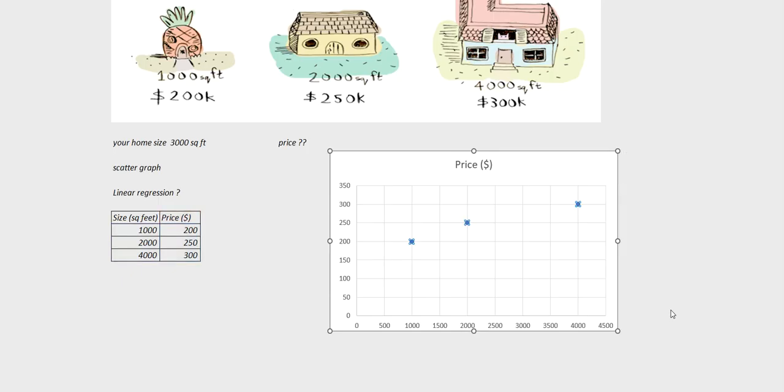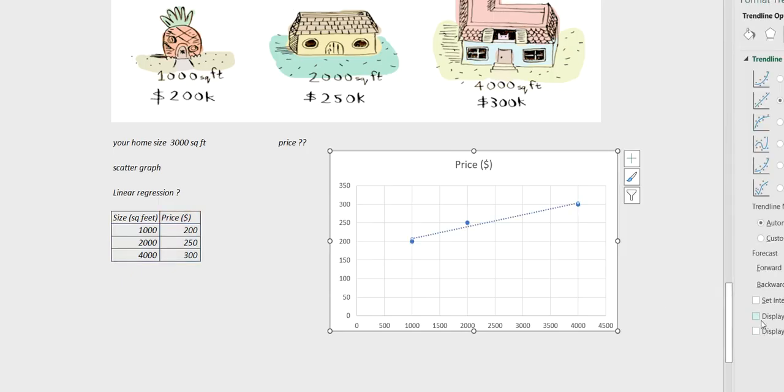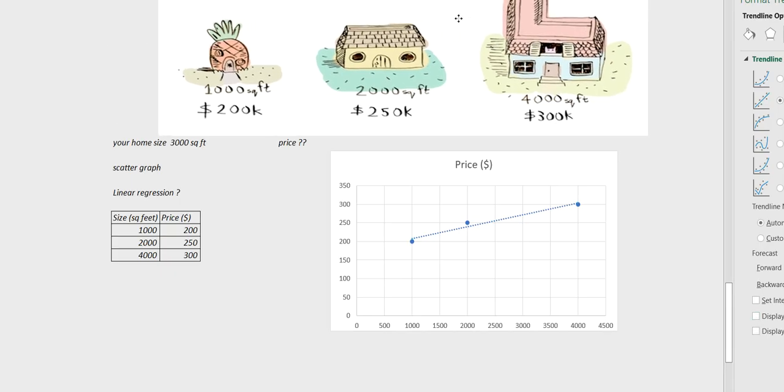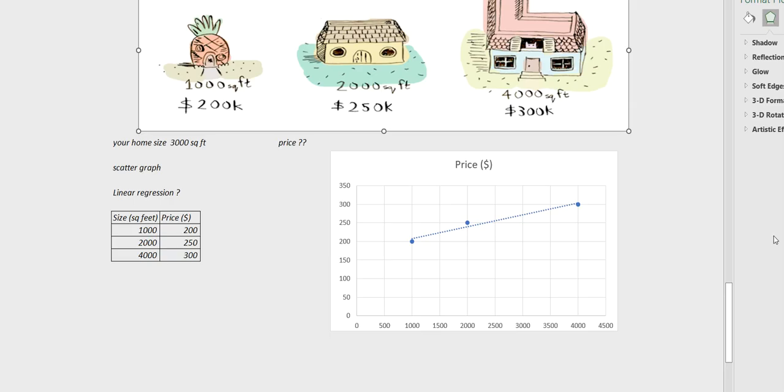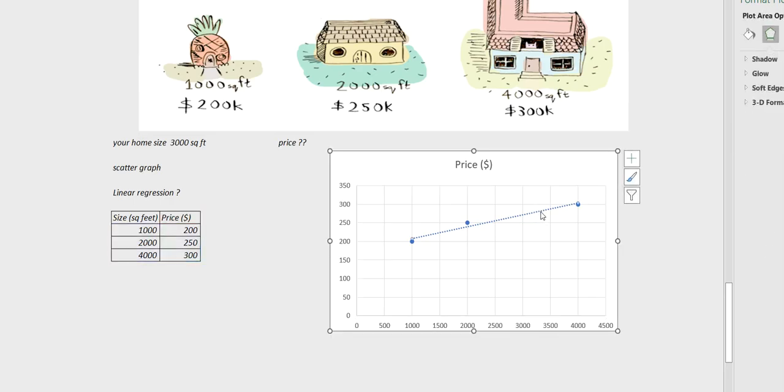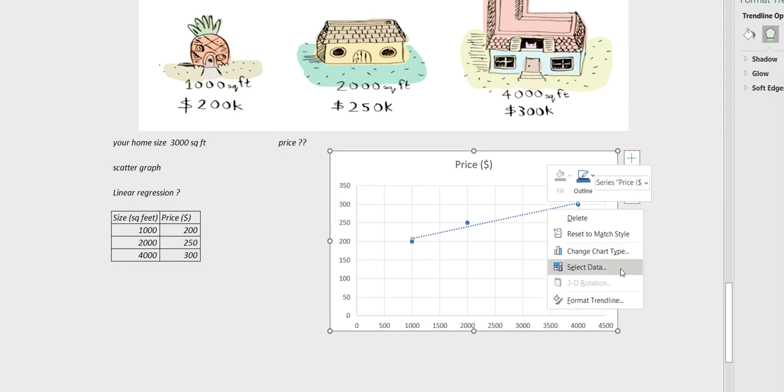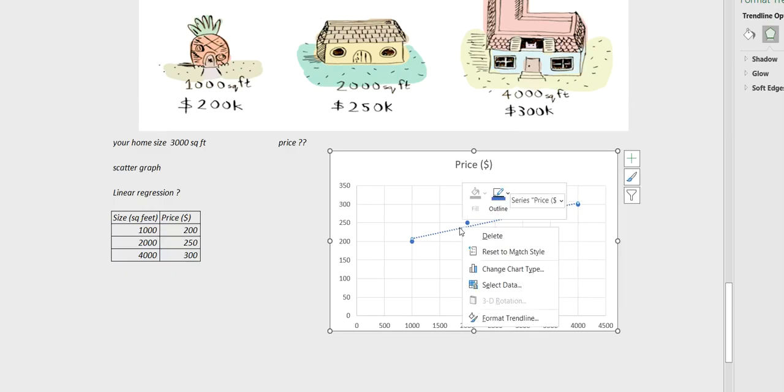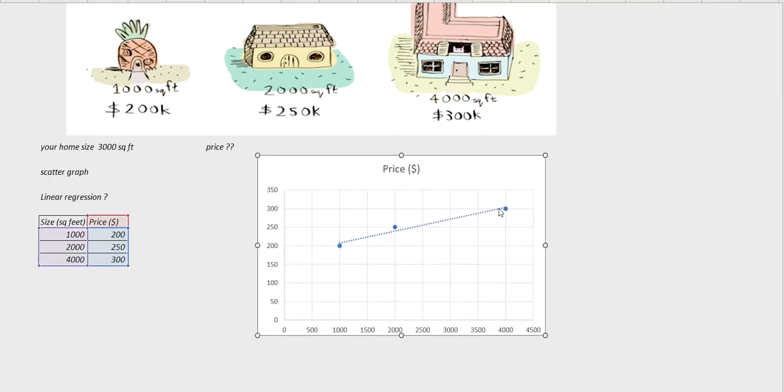Okay, and best fit line means I'm talking about linear regression, so I will take the linear line from Excel.